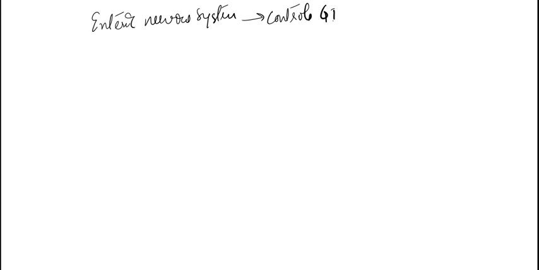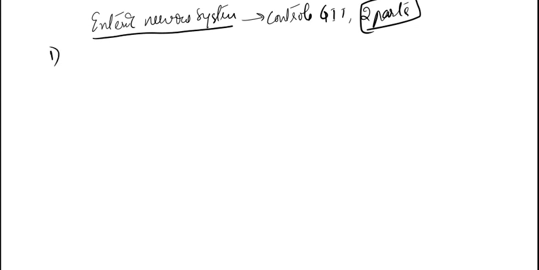Now GIT is exclusively controlled by a type of nervous system called the enteric nervous system. It actually controls the GIT, but you can classify it into two parts for further studying. What are those?